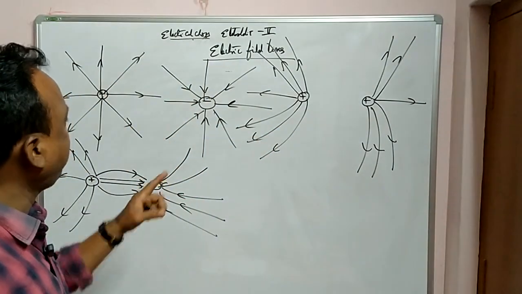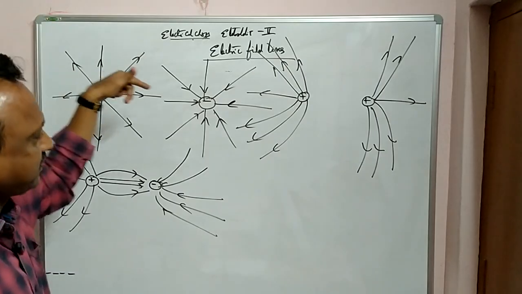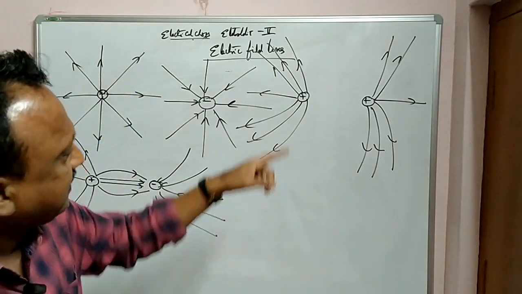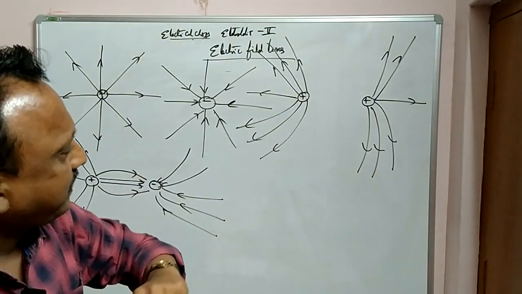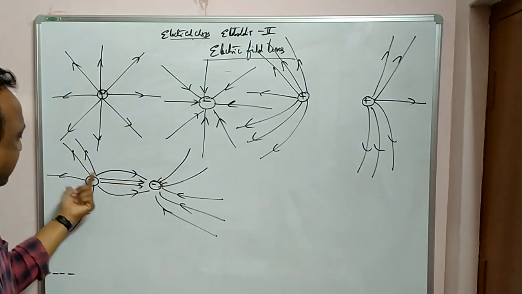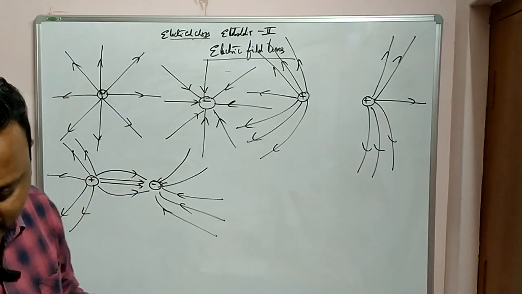So these are the field lines. You can see from the positive charge they go away, towards the negative charge they come in, and for two positive charges they go away. Okay, one positive and one negative, going away and coming near.